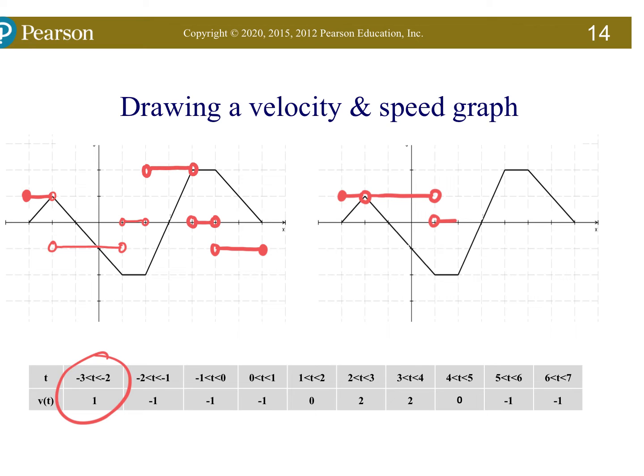Rest is fine because rest is not negative. And then a value of 2. And then the rest value again, and then the value of +1 to finish it out with a closed circle. So you're just sliding those pieces up above the x-axis. So this is velocity, and this is the graph of speed.